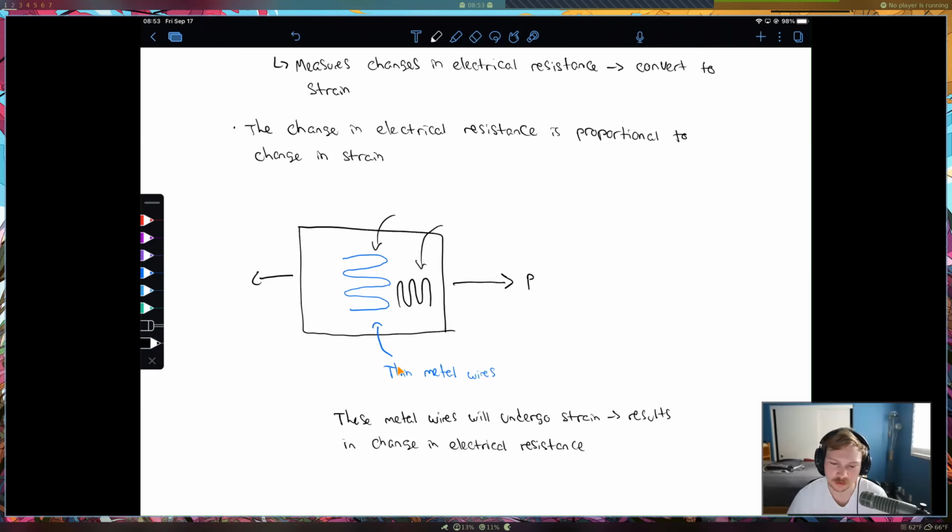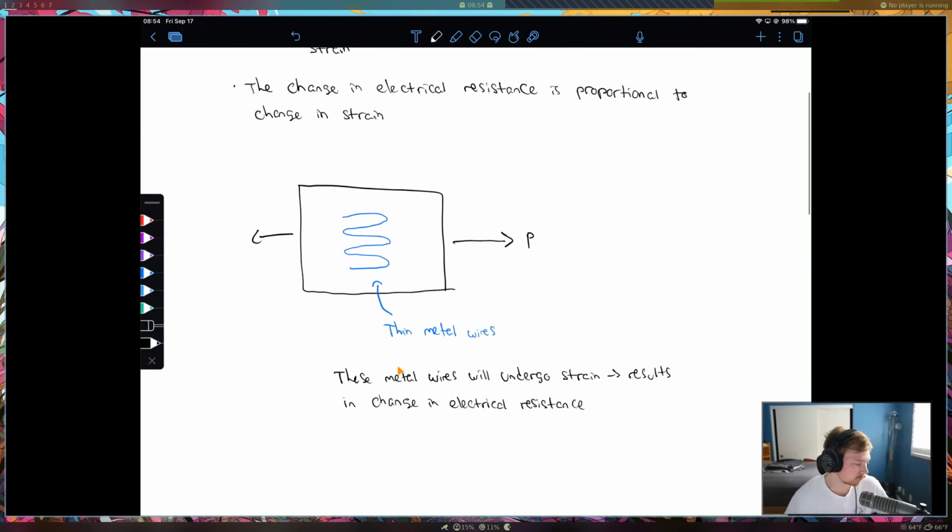So we could use both of these metal wires at the same time to measure how temperature is affecting our strain reading. And that's actually done in the background as well. We're not going to cover the theory behind that today, but just so you know that the strain gauge does have a way to measure the impact of temperature on it. All right, any questions so far?